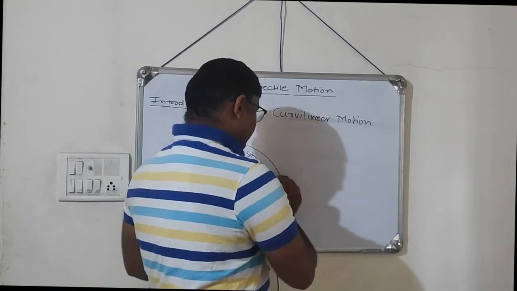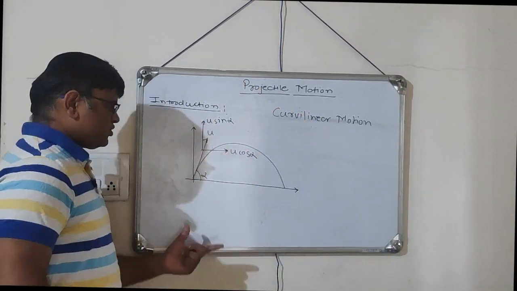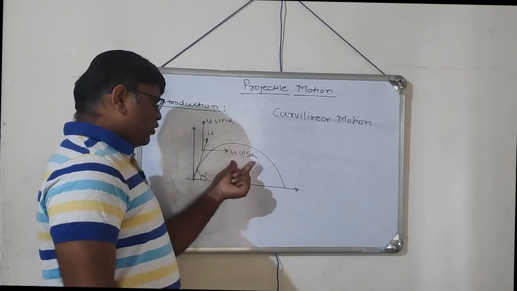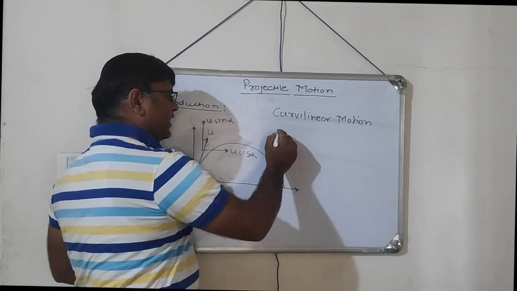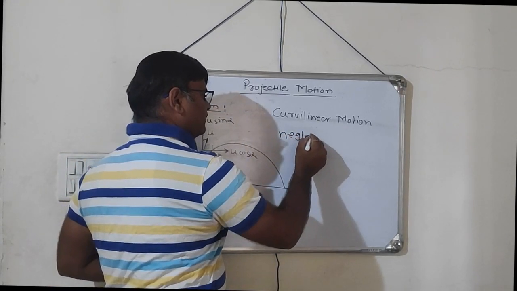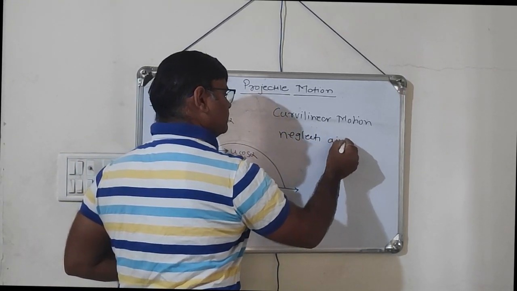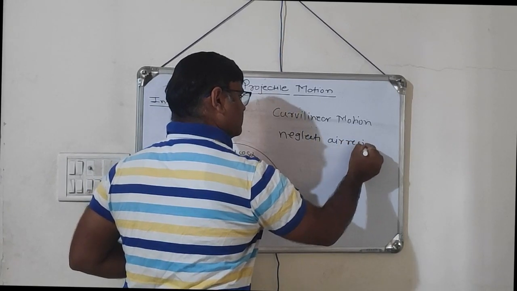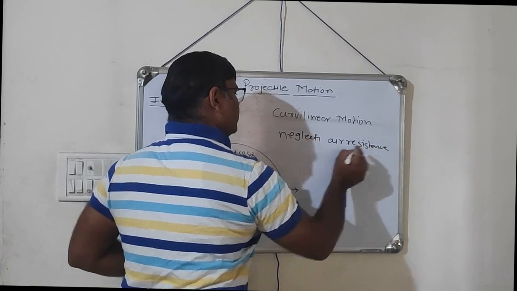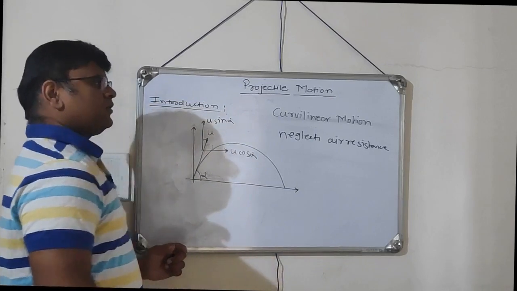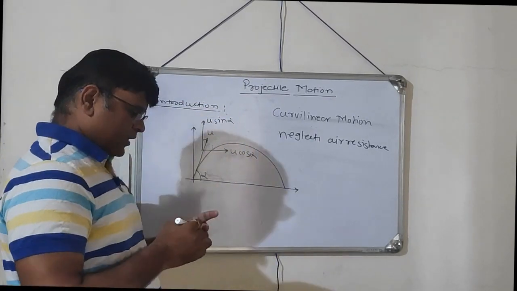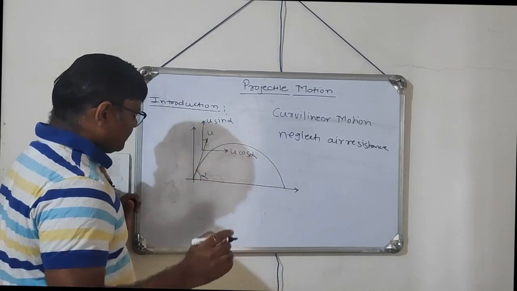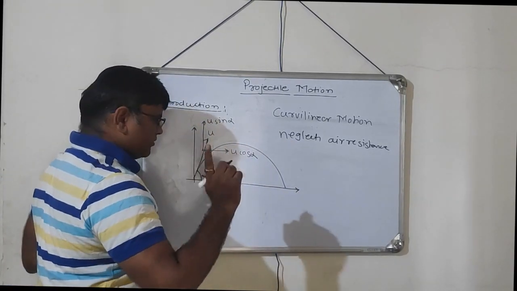Now there are a few assumptions we make in projectile motion. The first assumption is that we neglect air resistance. This is very important. The second thing is, as I told you, there are two components.